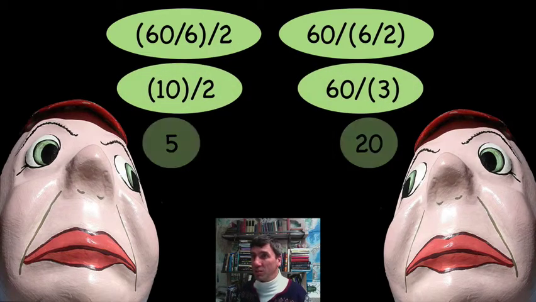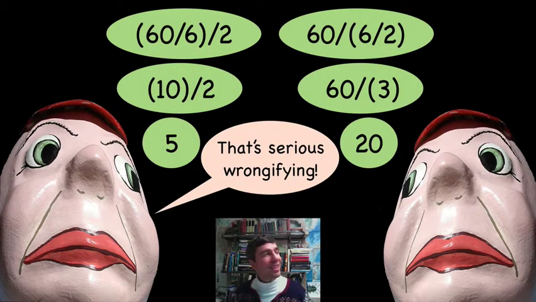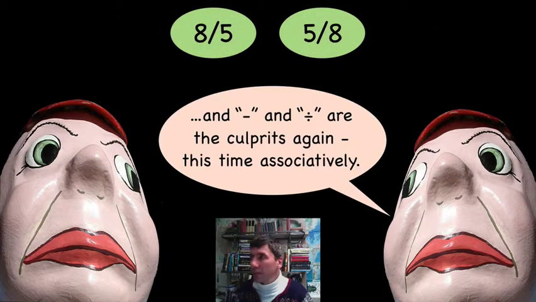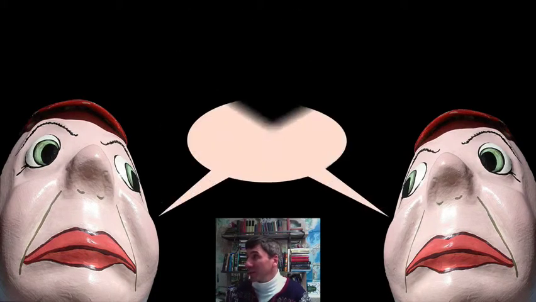In one case, we're going to end up with 5. Yes, it's very different. We've wrongified successfully. It's the subtraction and the division that don't work associatively.